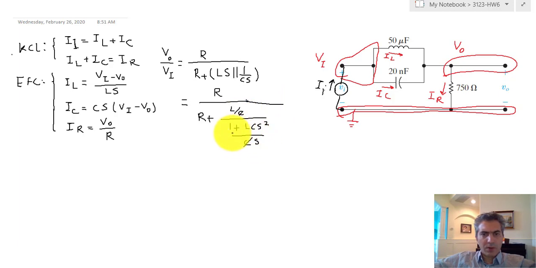You get Ls over 1 plus LCs squared. So generally now I can write V out over VI as R times 1 plus LCs squared over RLCs squared plus Ls plus R.